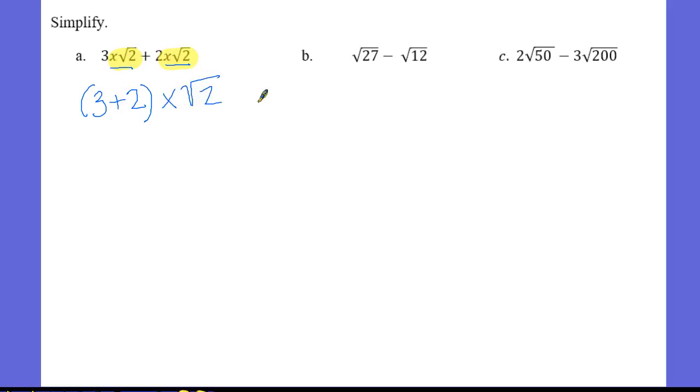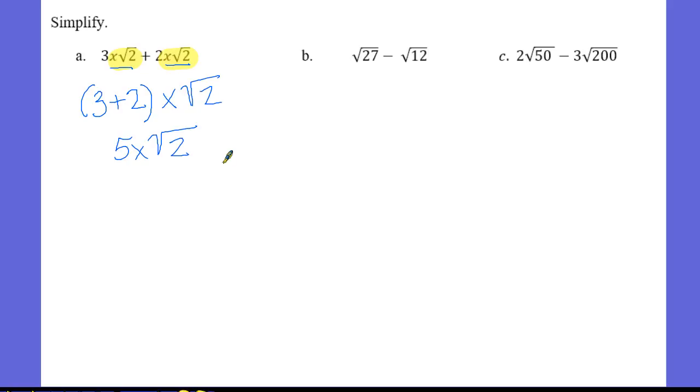And I'm using my factoring skills. Now typically when I factor, I'll take the common factor and throw it out in front of the parentheses. But in this situation, radicals pretty much always get tagged on the end. So I'm factoring out my common factor on the back end of the parentheses. That is 5x square root of 2.